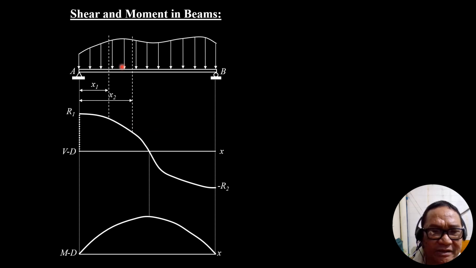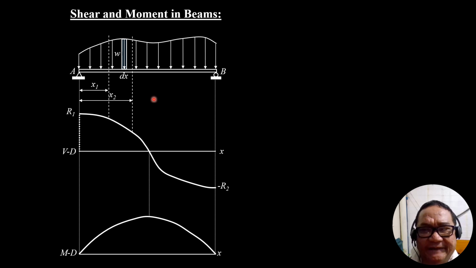Let's consider the load between these two distances, and we consider a strip. Of course, the thickness of the strip is dx, and the load would now be of uniform intensity W. But that W there is negative because it is downward. Thickness is dx.